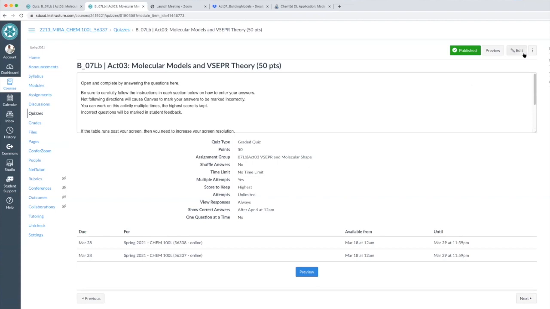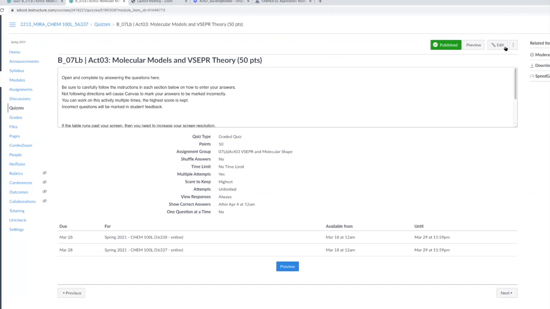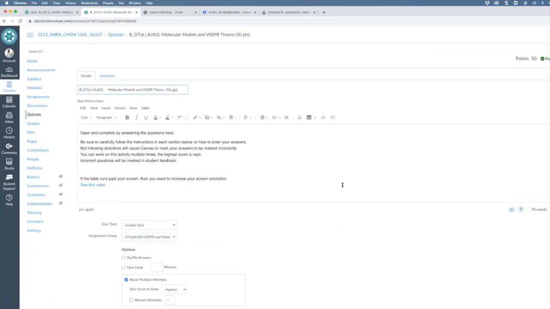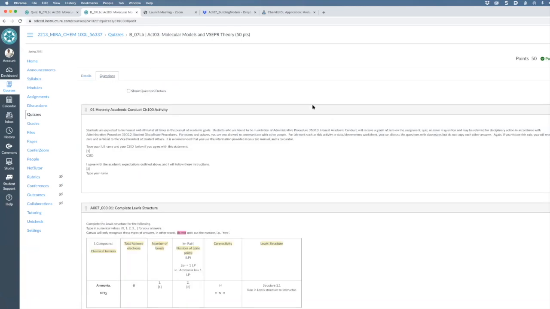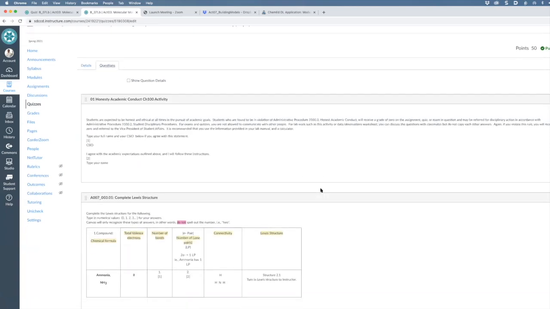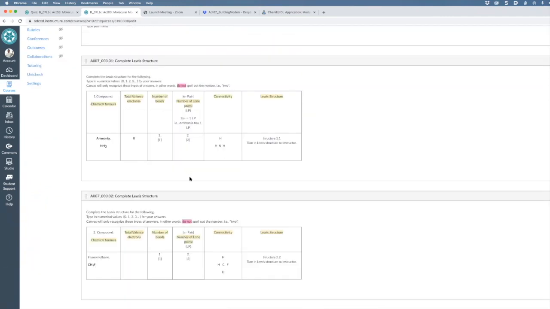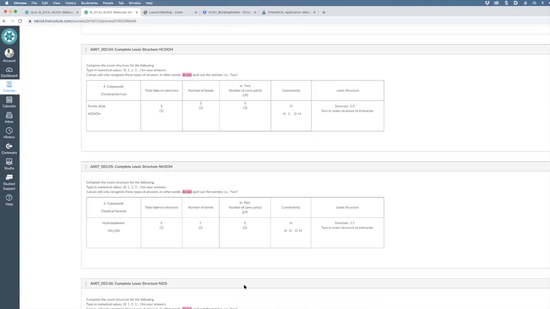The reason why it's tricky is because of the way Canvas sets up these, which are called quizzes, even though in this particular case it's an activity. The way Canvas sets up these activities, or questionnaires, is that you are going to fill it in directly. So let me do a preview.